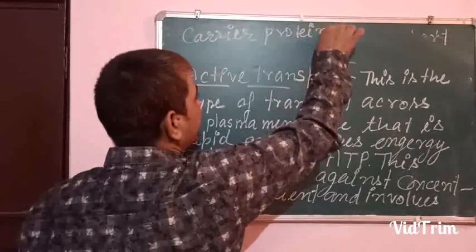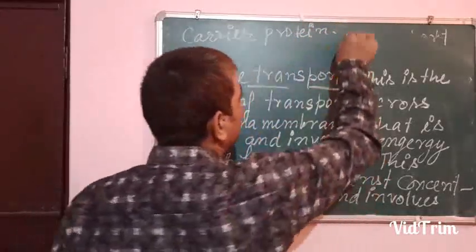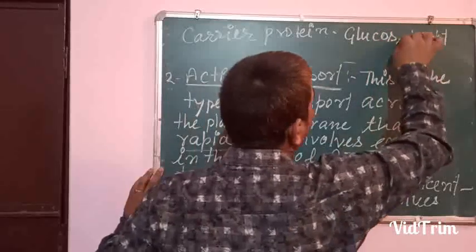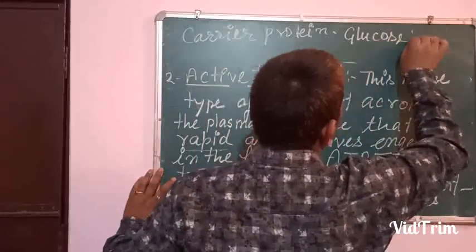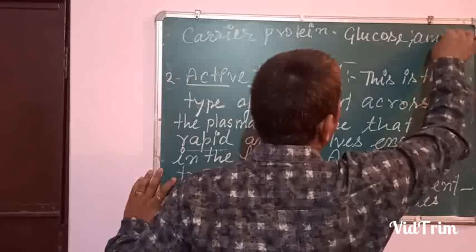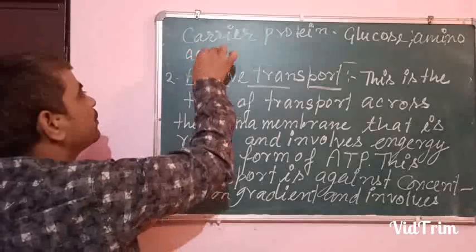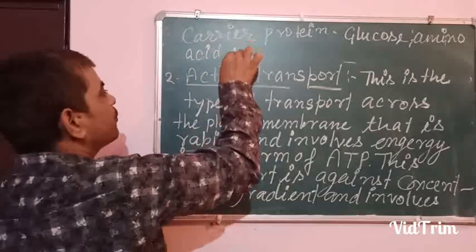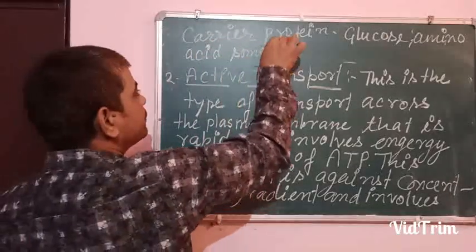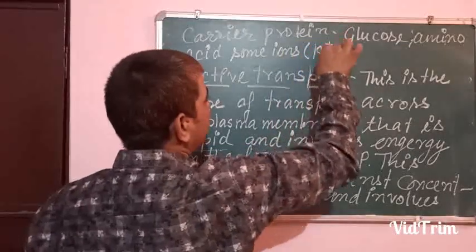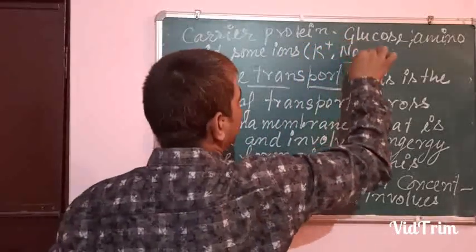What kind of material can be transferred? Like glucose, amino acid, some ions like potassium ion, calcium ion.